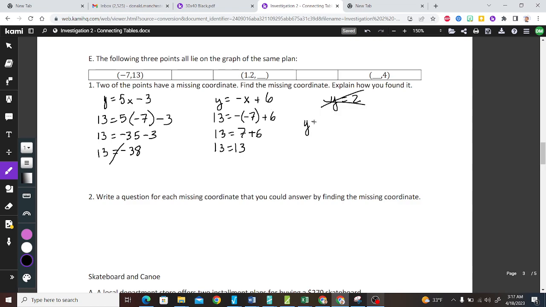We can go y equals -1.2 plus 6. So that means y equals -1.2 plus 6. 6 minus 1.2. That's borrow there. That's 8. 5 minus 1 is 4, so that's 4.8.